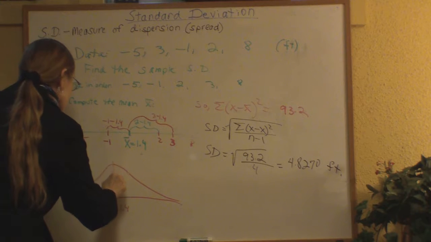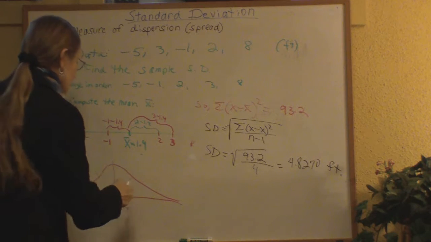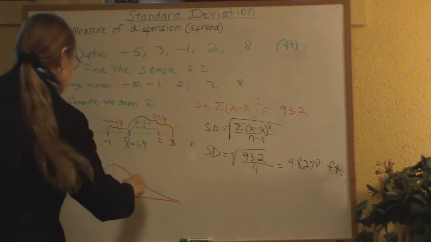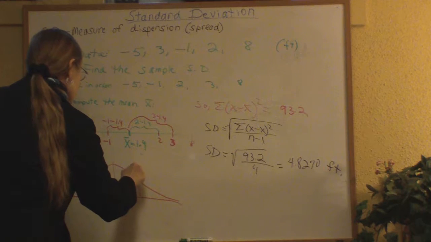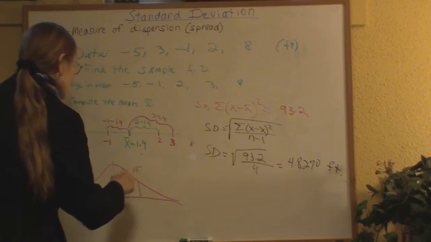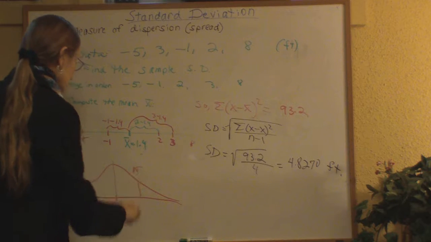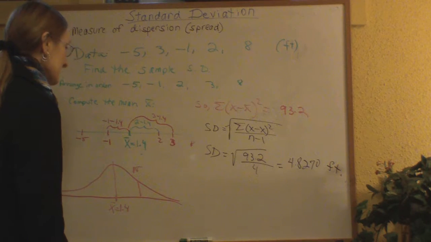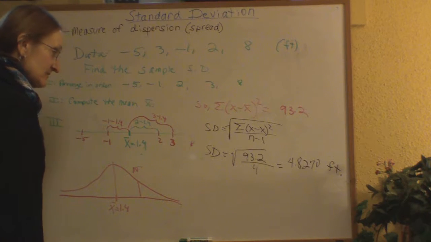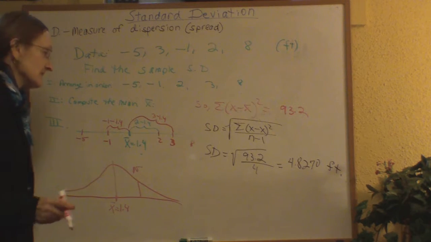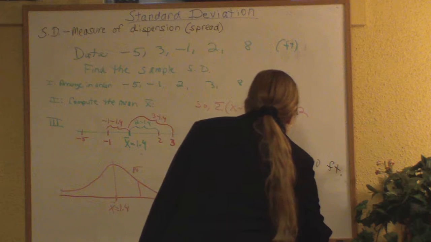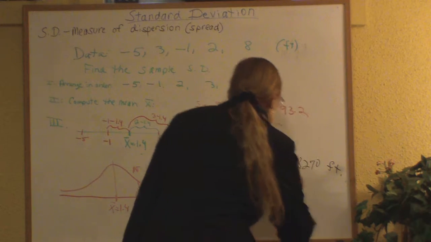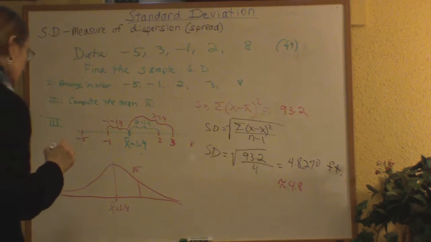So who can tell me now what the first standard deviation is going to be? So one standard deviation, anybody know? Well, if you're not sure, you take that mean and you're going to add the standard deviation. Let's round that though. Let's say it's approximately equal to 4.8. It's going to make computation a lot easier.